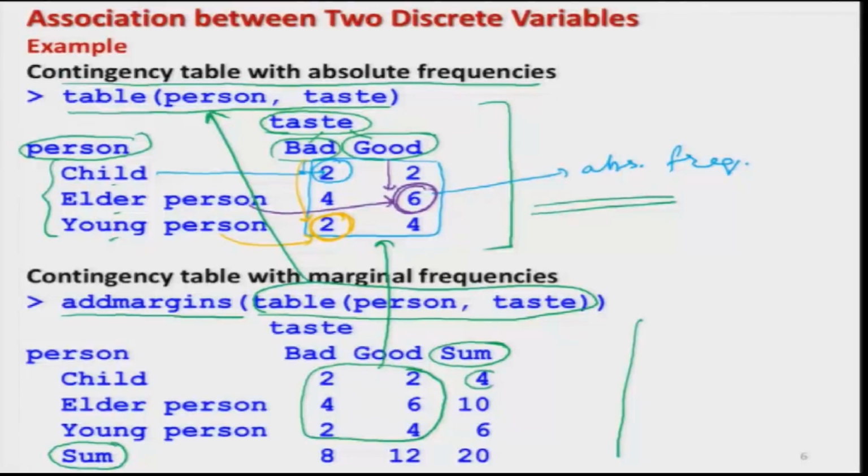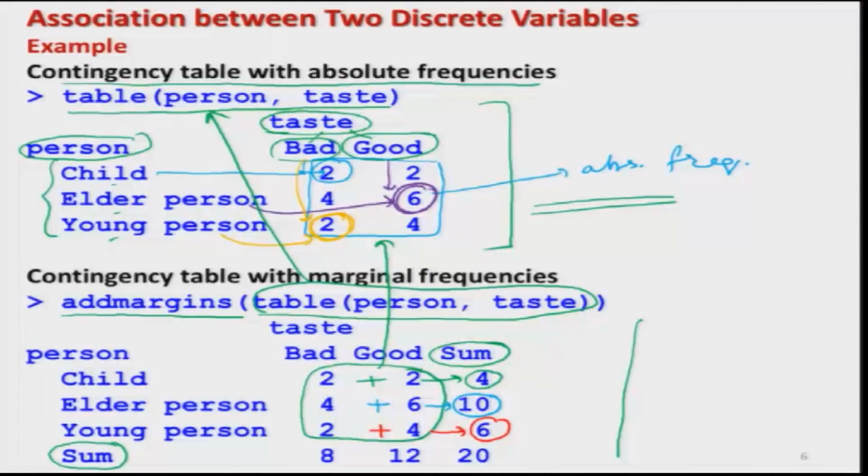This value is 4. This has been obtained by 2 plus 2 is equal to 4, and similarly this 10 is 4 plus 6 is equal to 10, and this 6 is 2 plus 4 is equal to 6.